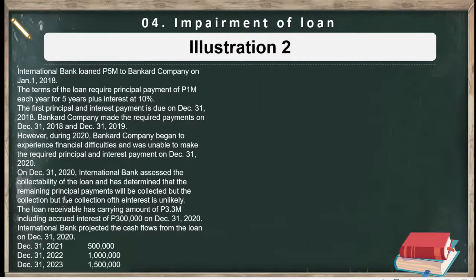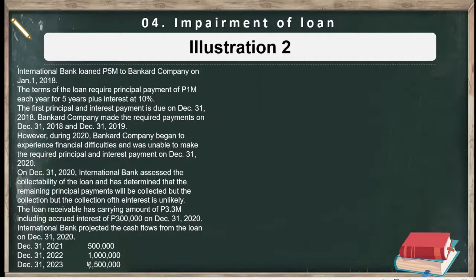On December 31, 2020, International Bank assessed the collectability of the loan and determined that the remaining principal payments will be collected, the principal only, but the collection of the interest is unlikely. The loan receivable has a carrying amount of 3.3 million, including accrued interest of 300,000 on December 31, 2020. And the following are the projected cash flows.